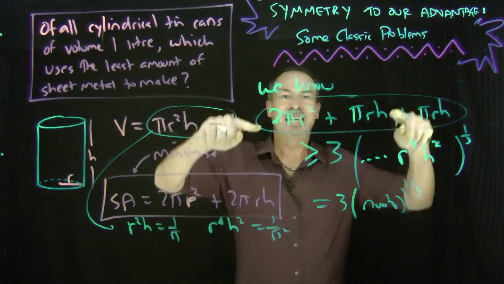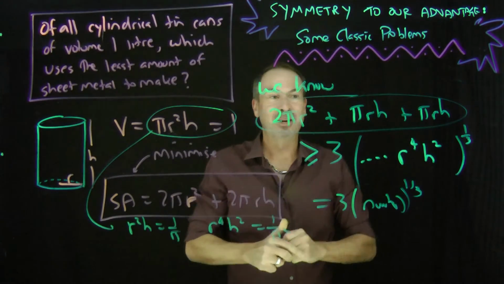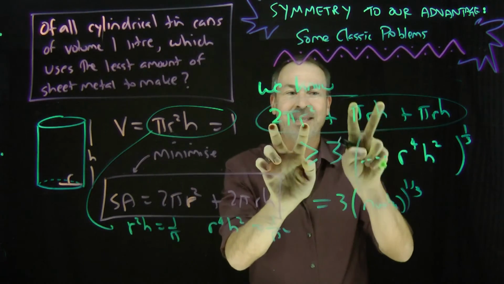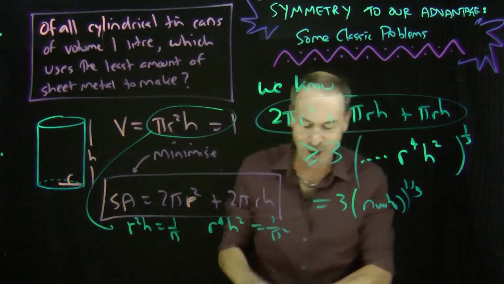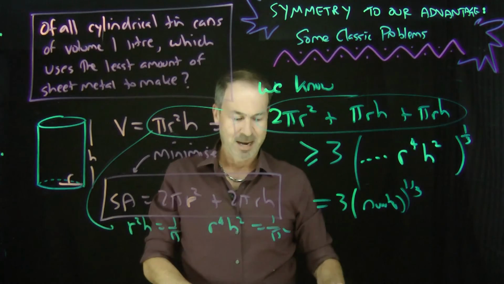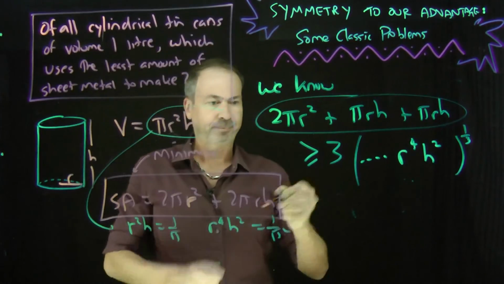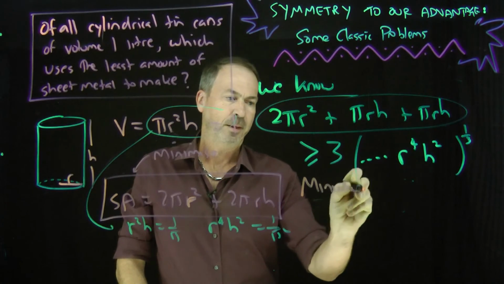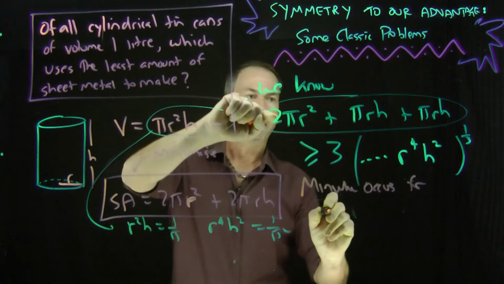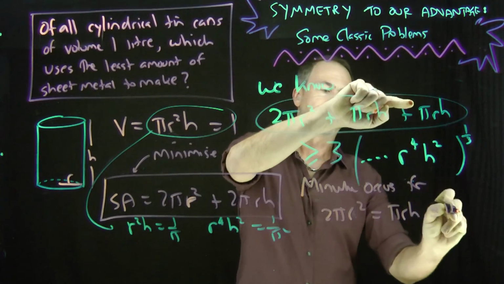In fact, to get the minimal surface area, I'm going to need equality here. To get the minimal surface area, I need symmetry. I need this to equal that. Beautiful. I didn't even bother working out the numbers. So we're going to write this: minimum occurs for 2 pi r squared to equal pi rh to equal pi rh.